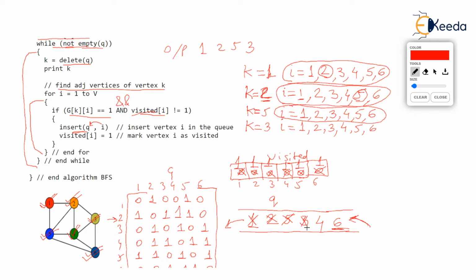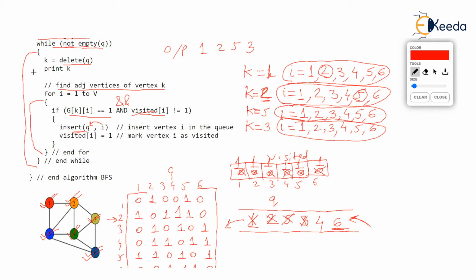So if you find any other vertex which has adjacency to 6, just don't make a mistake of putting 6 again in the queue. By the way, the for k equal to 3 is over. 3 was such a vertex which did not put anything new in the queue, isn't it? Interesting. So the for is over and we will go back to while.